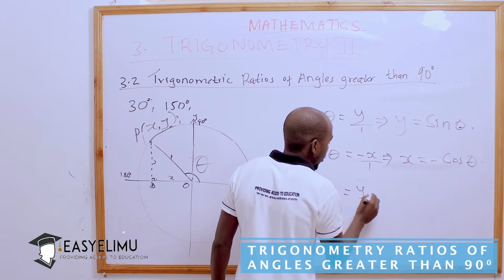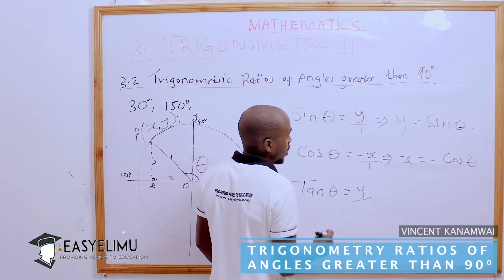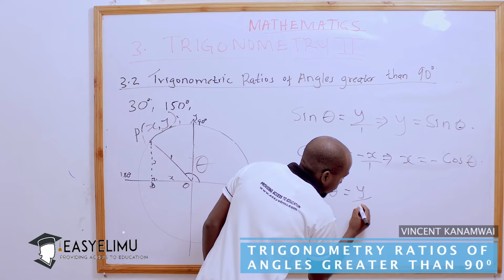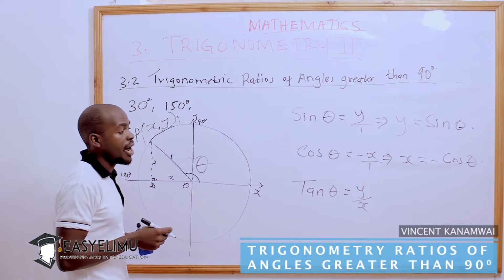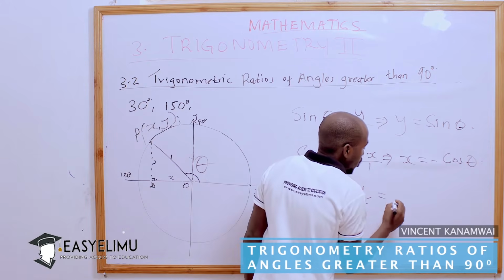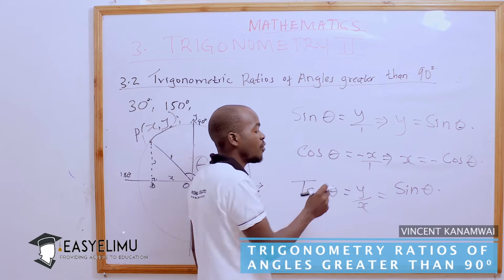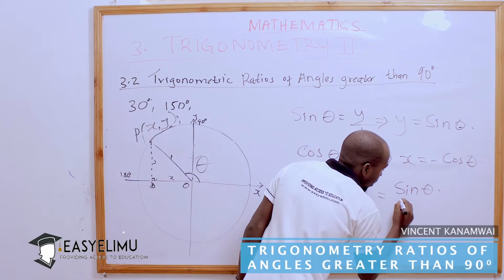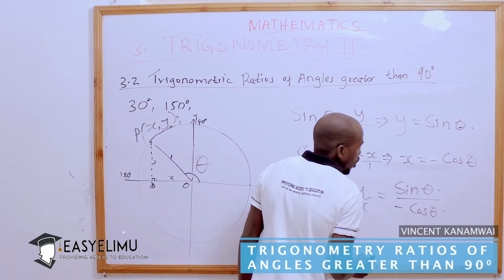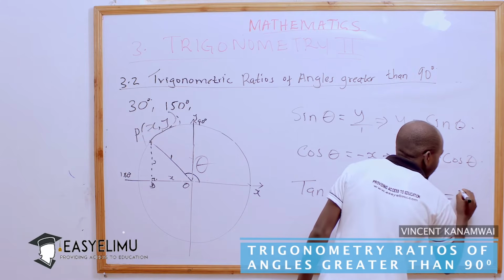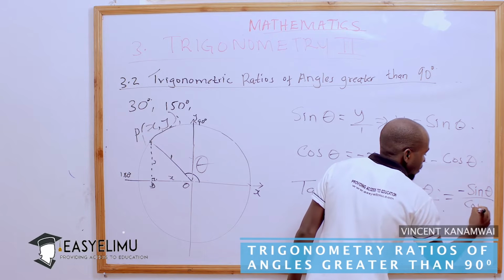The tangent of that angle gave us y over x, but for this case, where the angle is here, y is equal to sine theta, and our x we found as negative cos theta. So on conclusion here, it will be negative sine theta over cos theta.